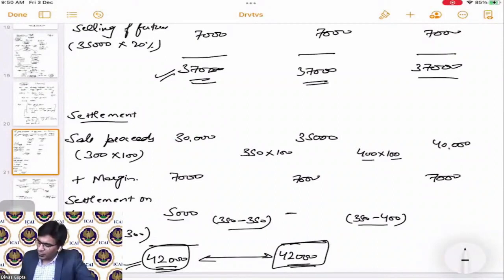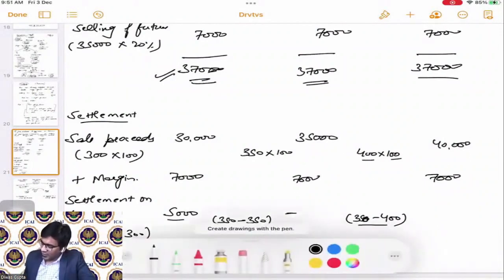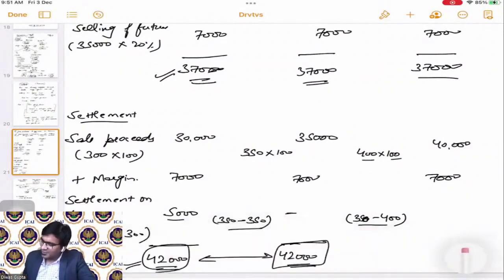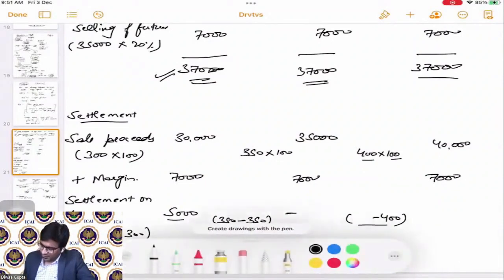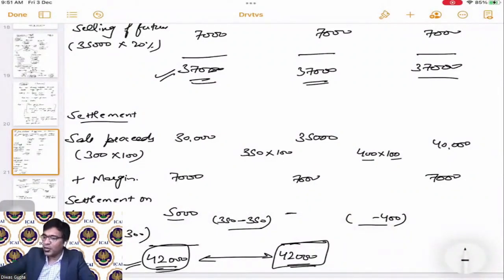Shall I say that 50 rupees is a loss or 50 rupees is a gain? The price has gone up. We have short sold at 350. Please respond. Okay, if wrong also please respond, but please respond so that at least I can correct the understanding. Very good, Namita, loss.